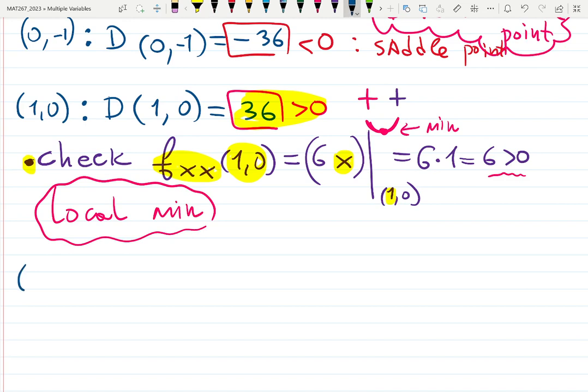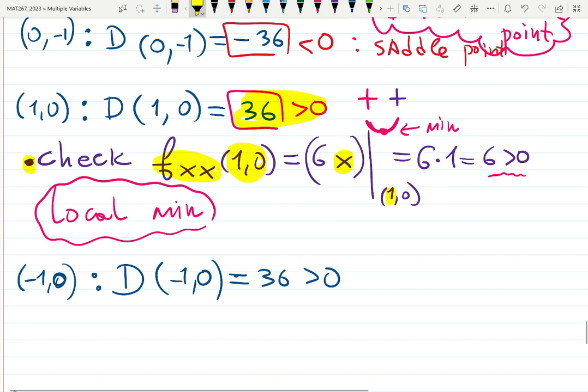Last point, -1 and 0. Last point, D at -1 and 0. Why did I say 4? What's the sign of that D? Positive again. D equals 36, positive again.